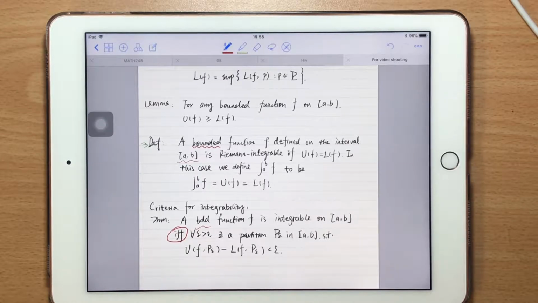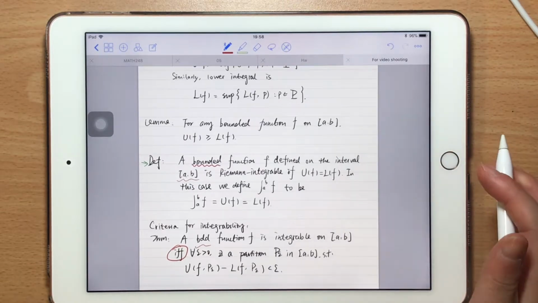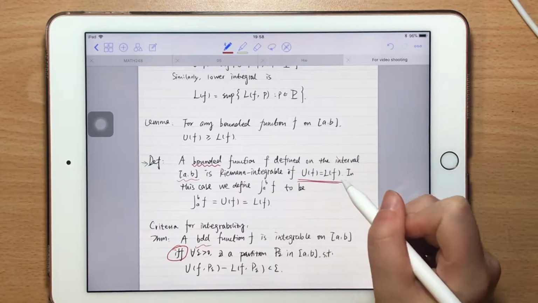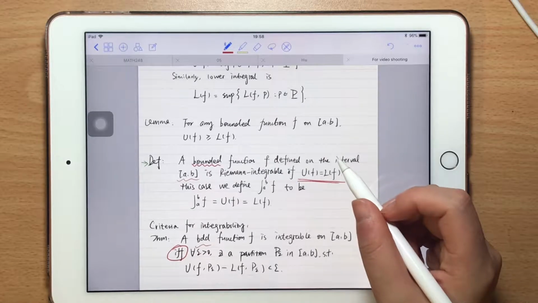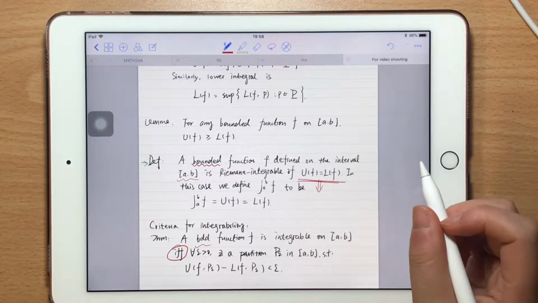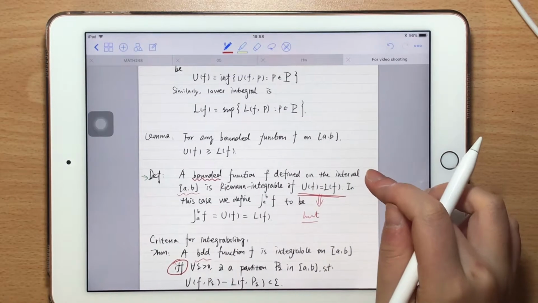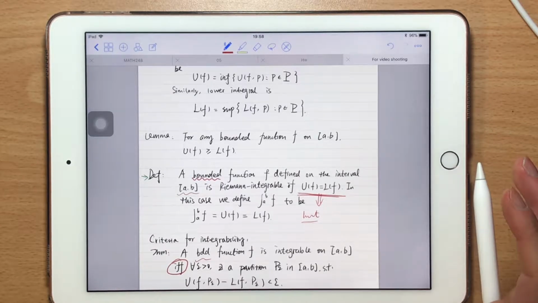I think this is intuitively quite easy to understand, because when we define the integrability, we define it as the upper integral must be equal to the lower integral, and the upper integral and lower integral are essentially taking the limit of your upper sum and the lower sum, right?